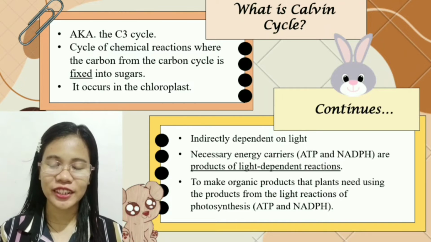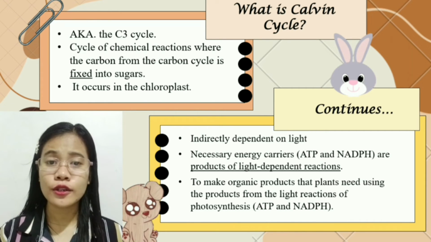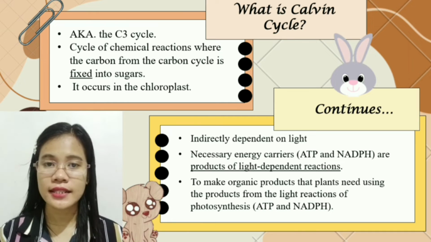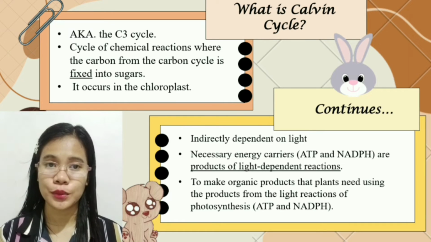Thank you, Mr. Salvador. This time, let's talk about what the Calvin cycle is. The Calvin cycle is also known as the C3 cycle. It is the cycle of chemical reactions where the carbon from carbon dioxide is fixed into sugars. It occurs in the chloroplast of the plant cell.